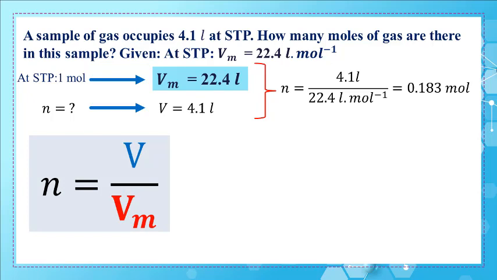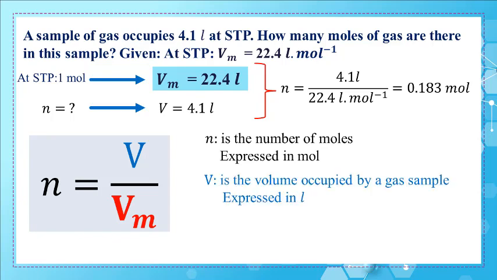So, n equals V over Vm, where n is the number of moles expressed in mole, V is the volume occupied by a gas sample expressed in liters, and Vm is the molar volume expressed in liter per mole.